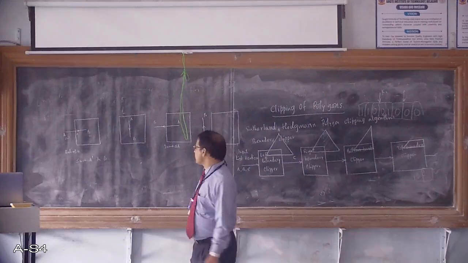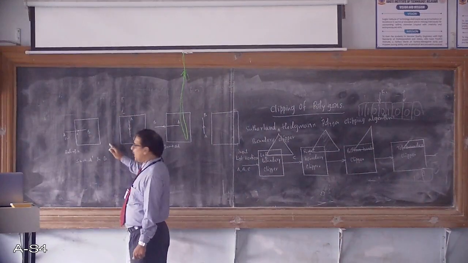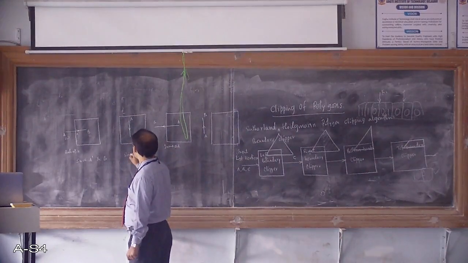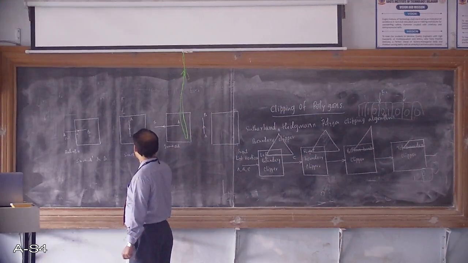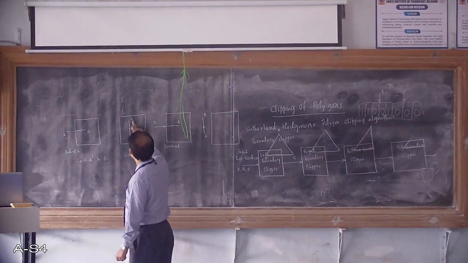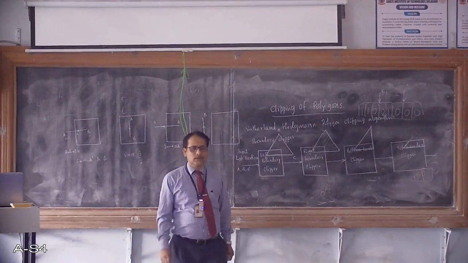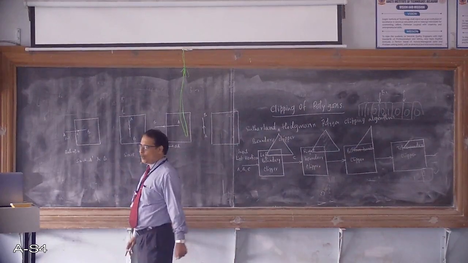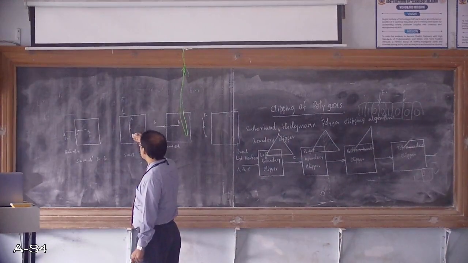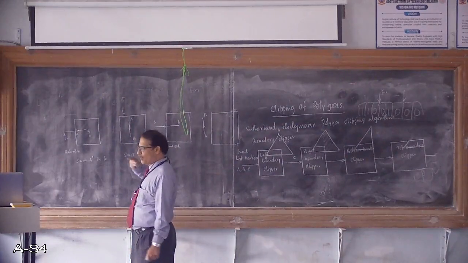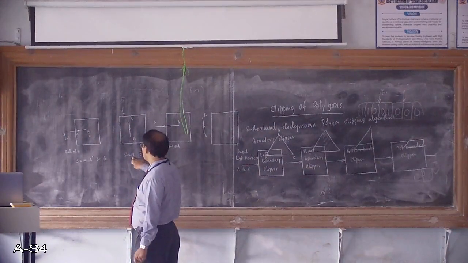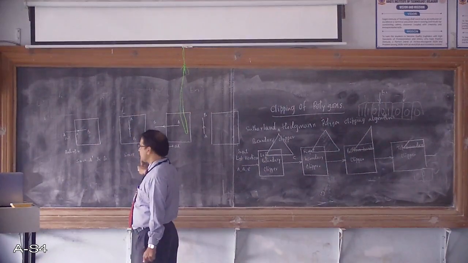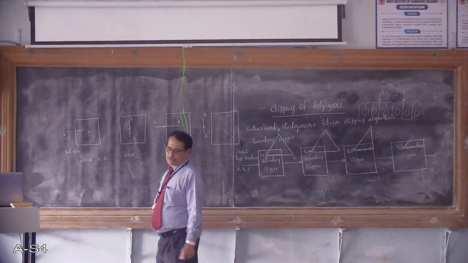Both these vertices are inside the clipping window, and under such a case we are required to save only the second point, the second vertex, that is B. That means we have to just ignore the vertex A, only save B, because there is no question of an intersection point here, because the edge is not crossing any boundaries, and therefore under this case we have only two vertices, out of which only the second one has to be saved and we eliminate the first one, A.